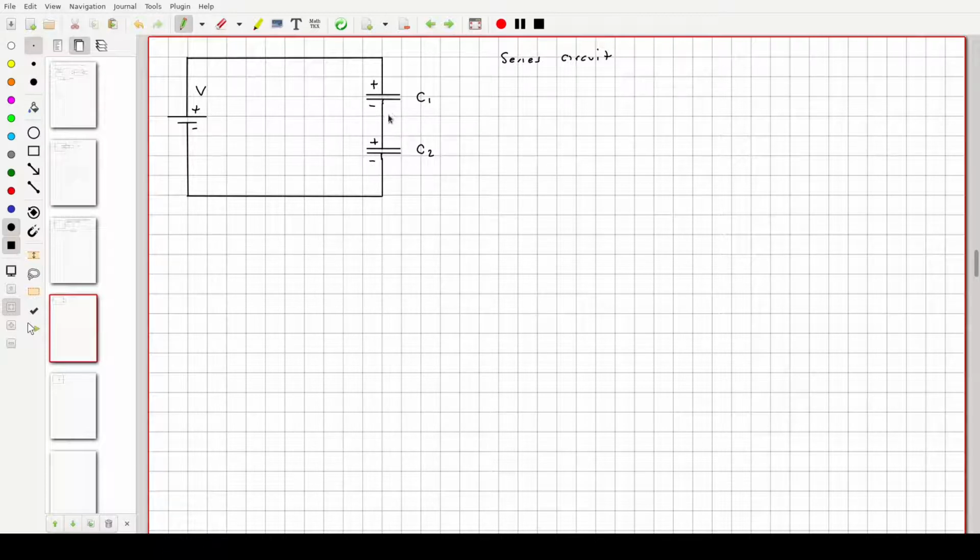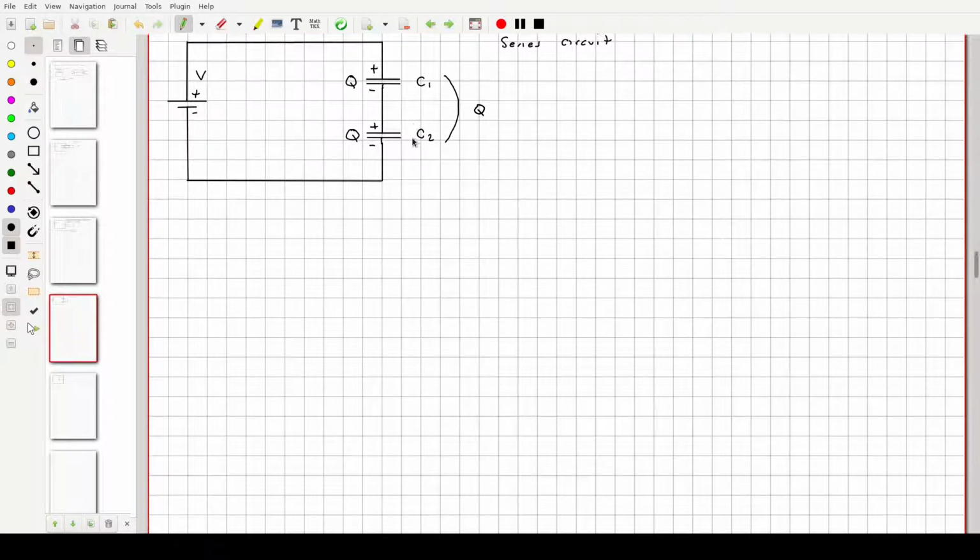For every positive you have here, you'll have a minus there, and vice versa. What that means is that this capacitor has a charge of Q in it, and that's the same as the charge here. If I were to take this center piece and pull it out, overall it would have a charge of Q as well.